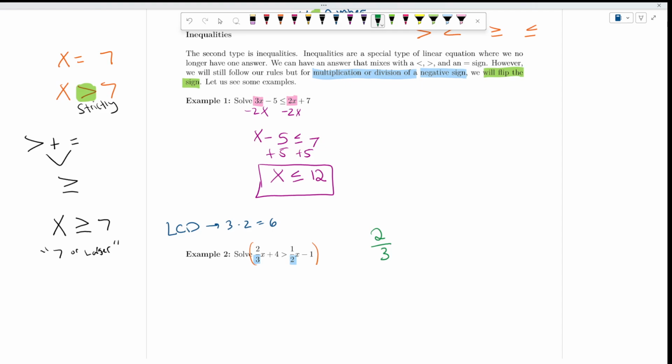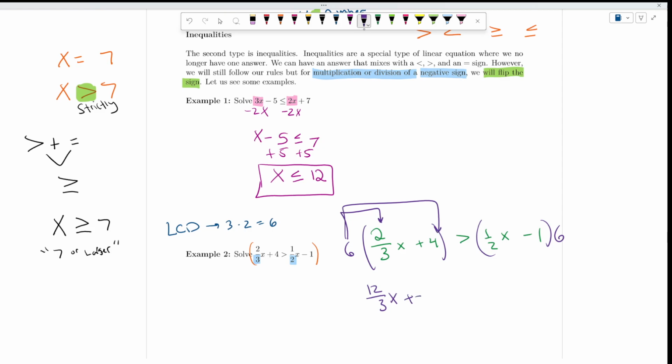So I'm going to rewrite the problem here to 2/3 x plus 4 is greater than 1/2 x minus 1. I'm going to multiply all sides by that number, which is 6. If I distribute, 6 times 2 is 12 over 3, 4 is the x, and then 6 times 4 is going to be plus 24, greater than 6 times 1 is 6 over 2x.